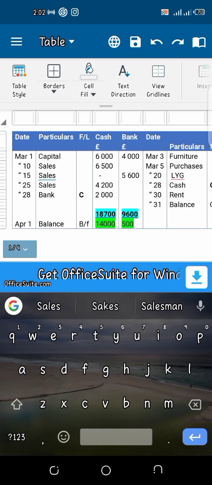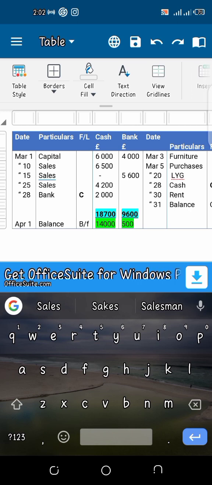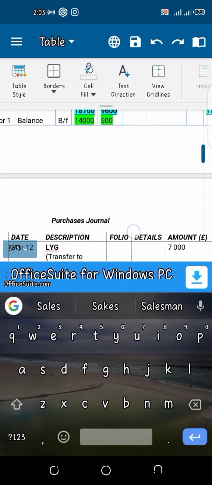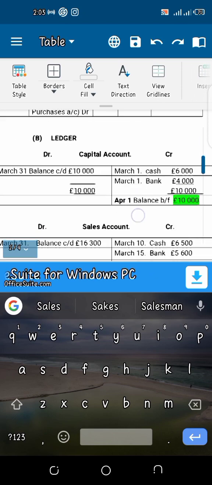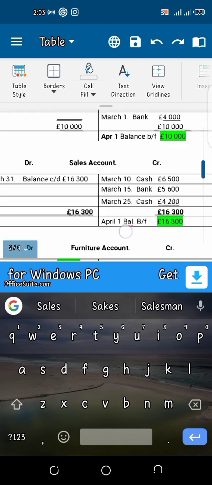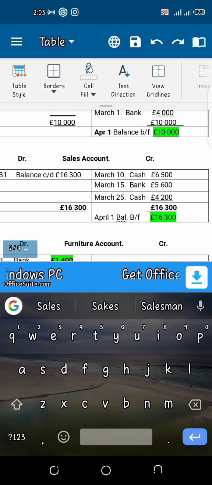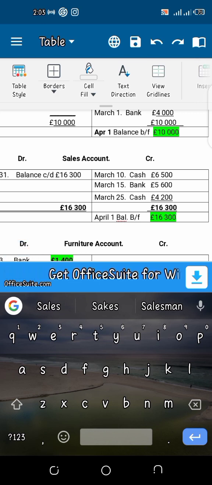All these entries at the debit side will go to the credit side in the ledger account. So in the ledger account, we have March 10 cash 6,500. Sales was also made by check, which is bank 5,600, and March 25 sales was made and cash was received 4,200. So total sales for that month was £16,300.